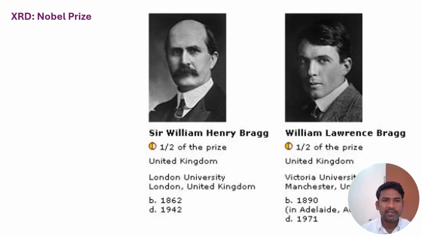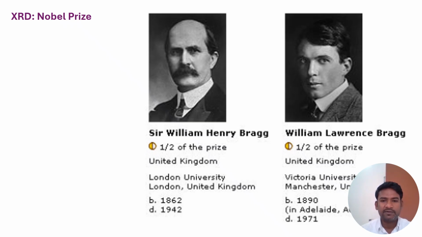I will start with X-ray diffraction technique, for which Sir William Henry Bragg and Lawrence Bragg received the Nobel Prize. They are very famous scientists in the UK. Sir William Henry Bragg is the father and his son's name is William Lawrence Bragg.